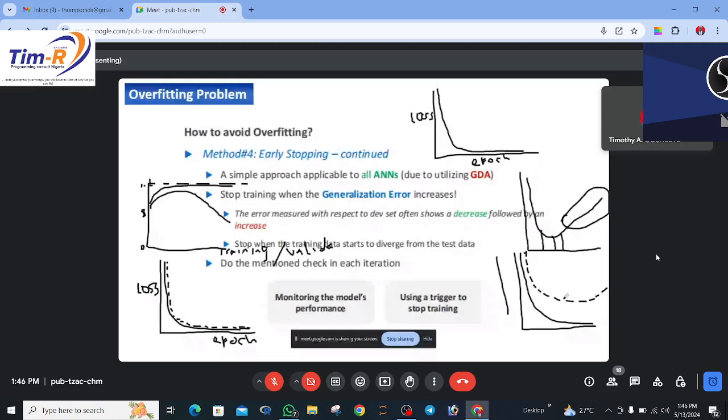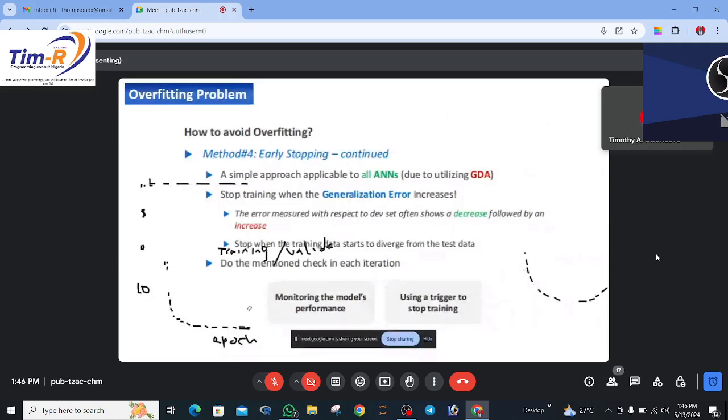Let me erase all of it. Okay, so now, like I said, one thing we also need to do is the iteration.